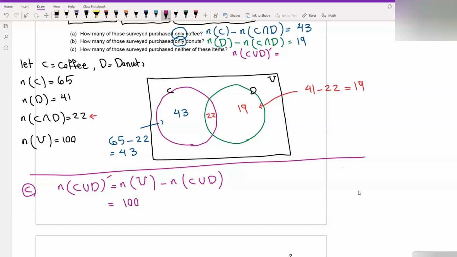We have 100 customers total minus C union D. We have to add all these three numbers: 43 plus 22 plus 19.